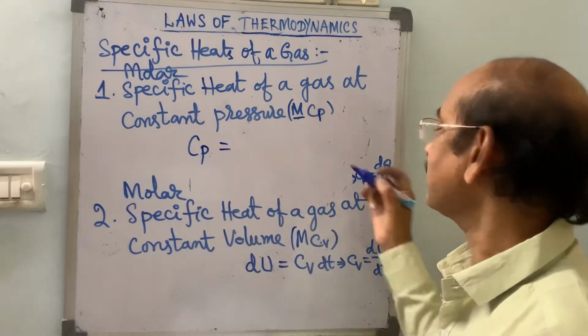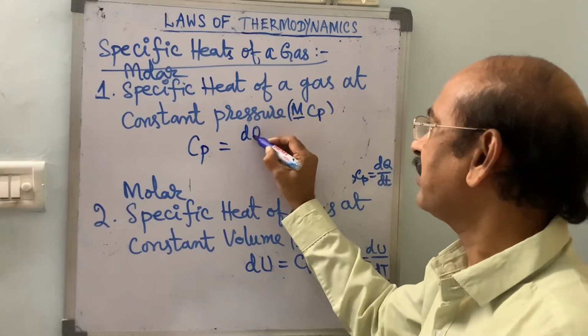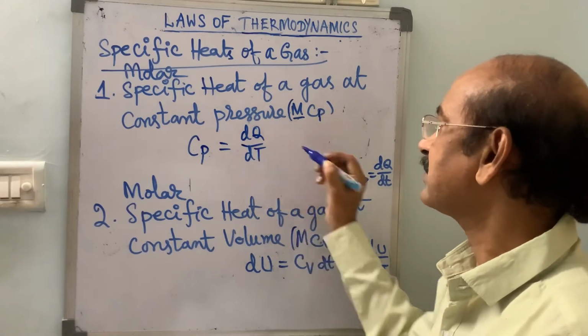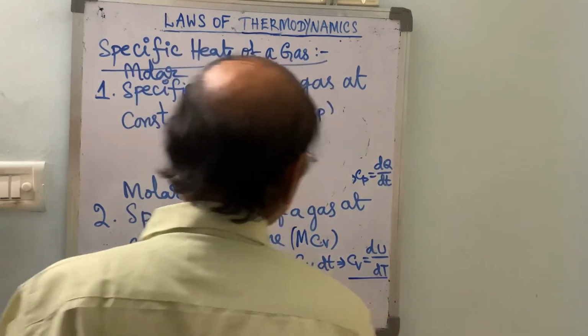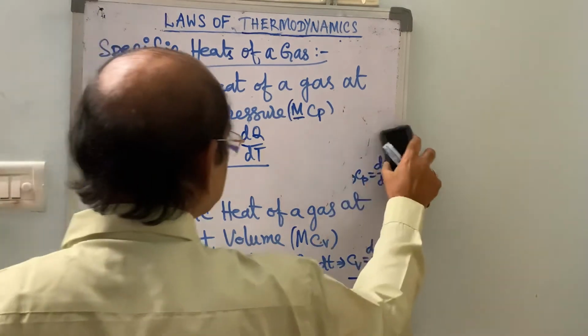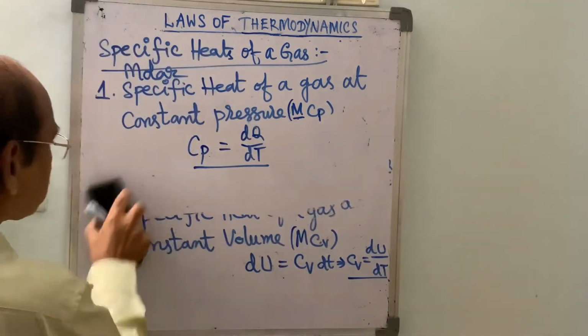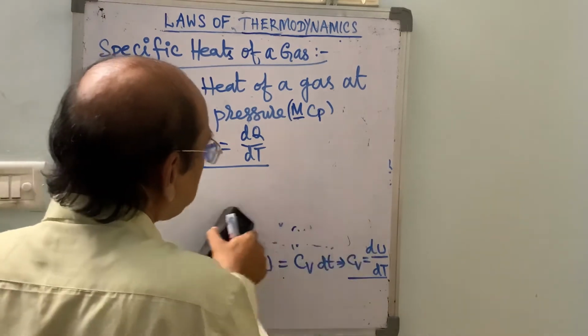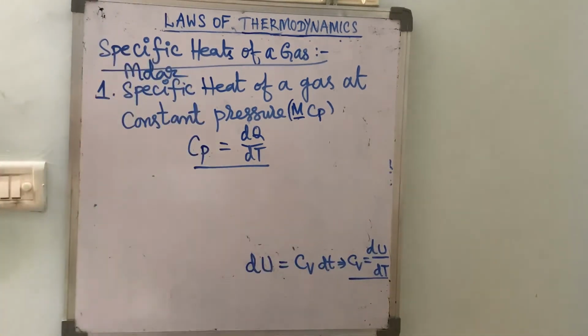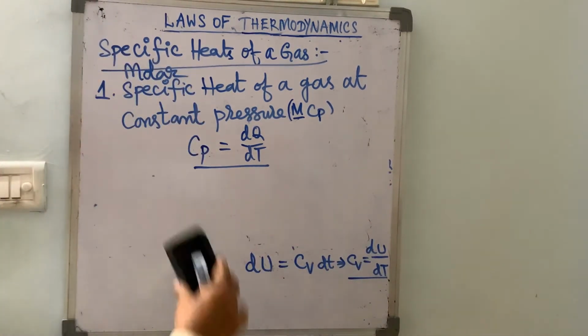Cp is also equal to the same. Generally when we consider it, we use these expressions only: Cp for this, Cv for this. In the case of molar specific heats, we use 1 gram molecule of the gas.